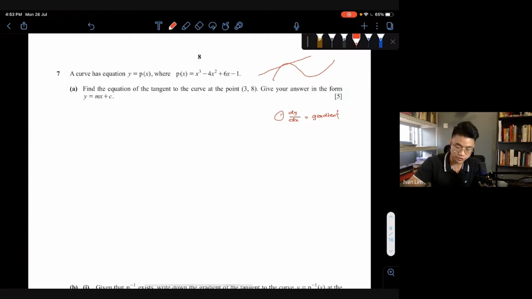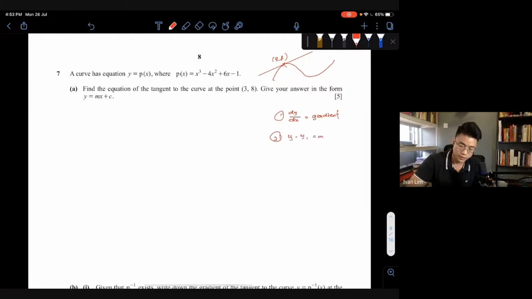Let's say the tangent is over here, at this point (3, 8). So you can always sketch things out to see easily.